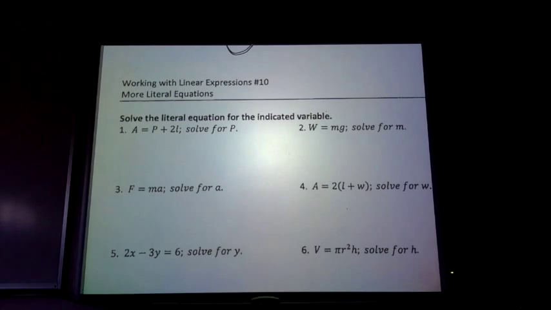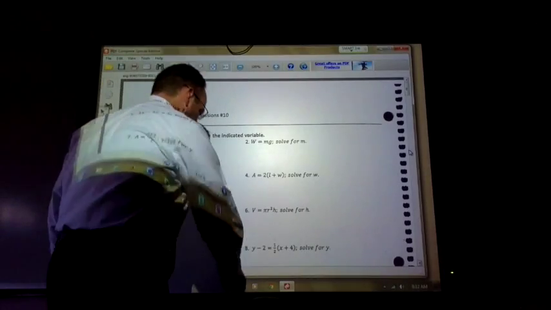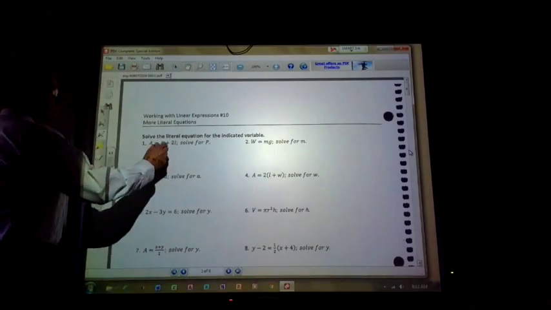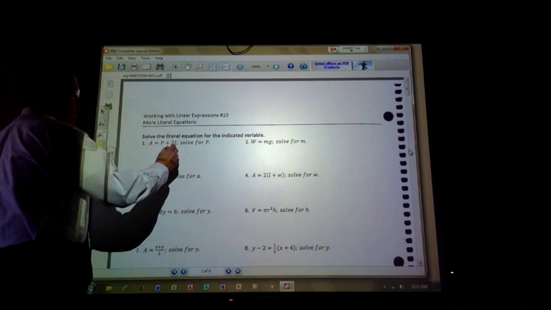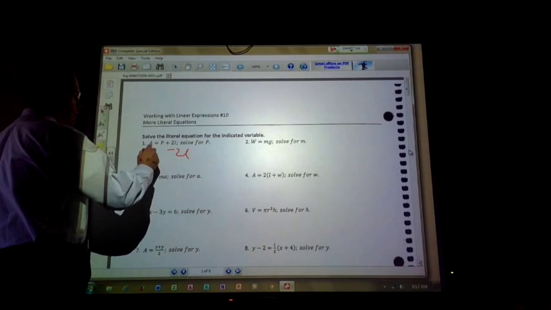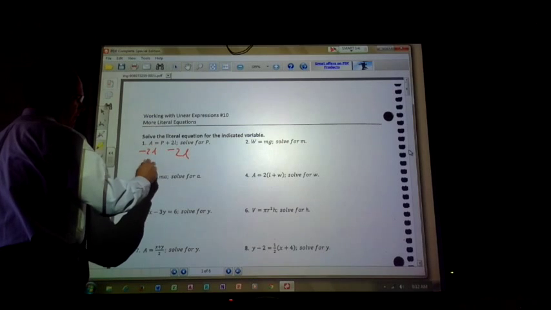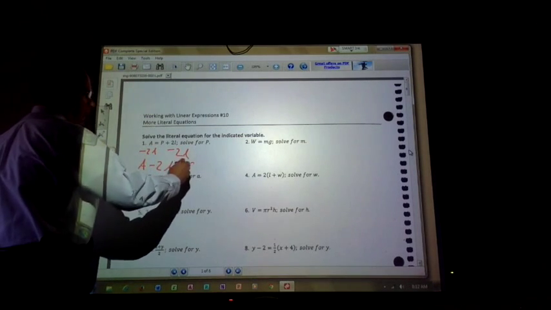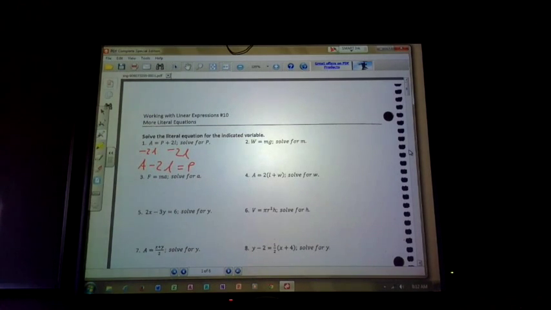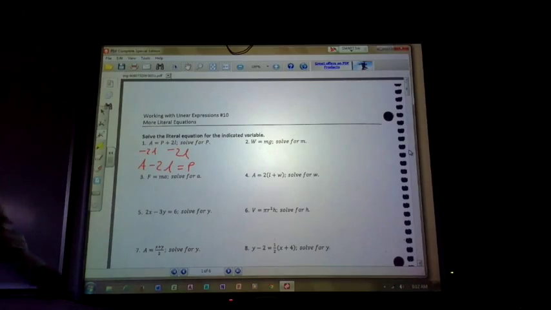So we subtract 2L from both sides. So I get A minus 2L is equal to P. That's all we'd have to do. That's the first problem. Can I clear ink?